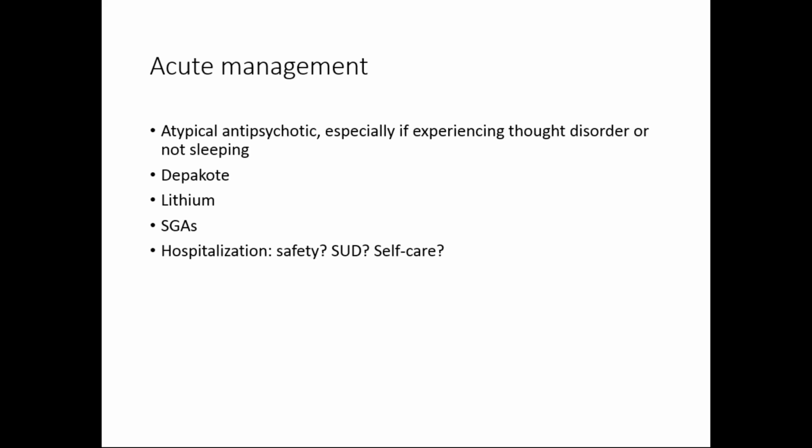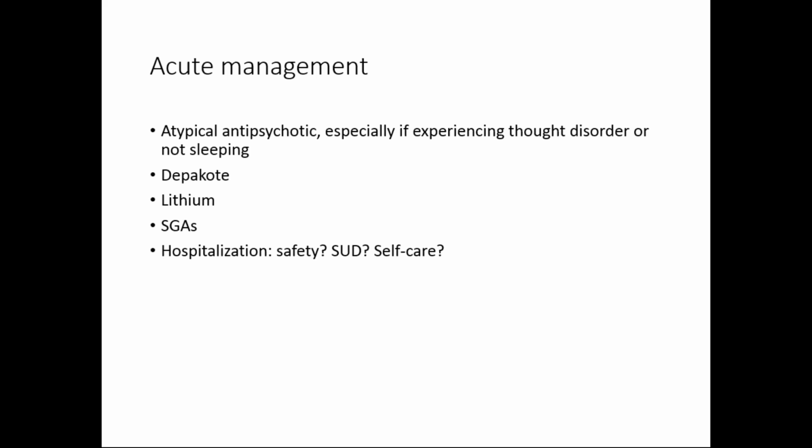Then okay, you want to correct that thought disturbance, where the rubber meets the road, while you are correcting the underlying mechanism, which is those overly excitable cells, potentially glutamate hyperactivity causing cells to just stay too active. Depakote, lithium, SJs.